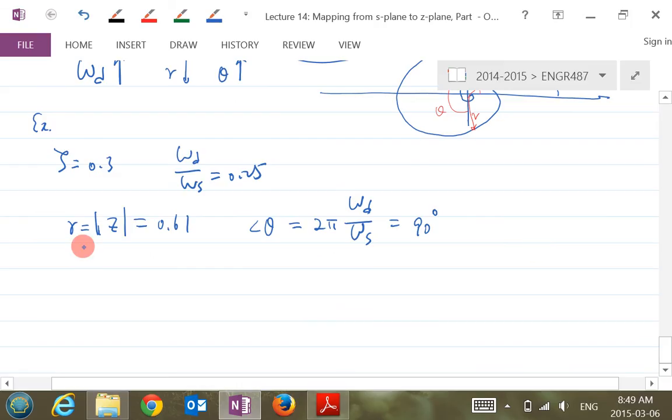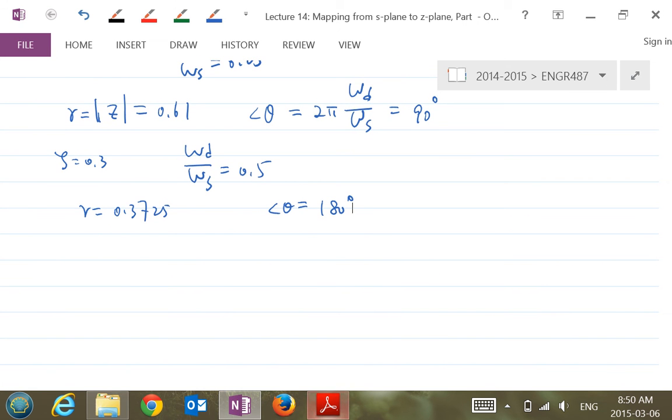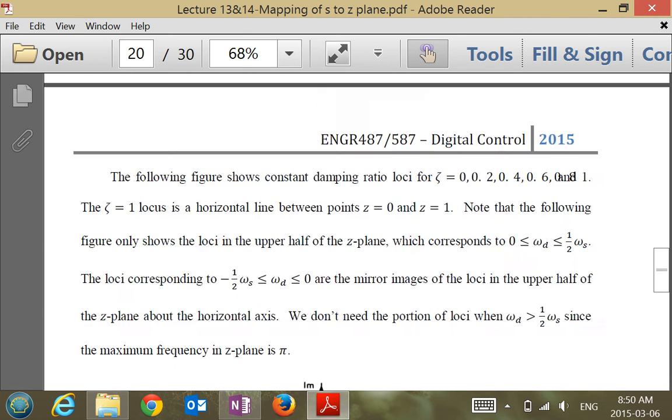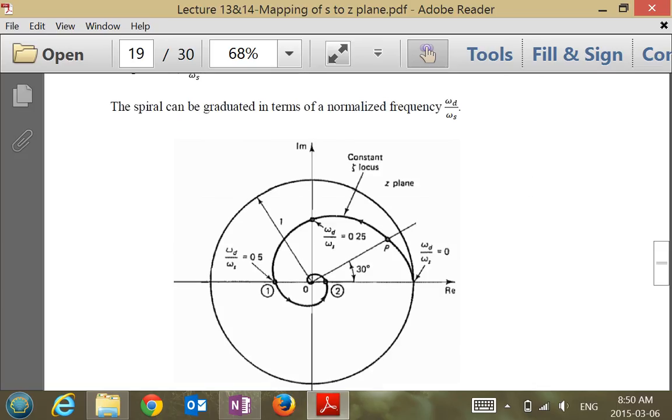If I take another one, for the same damping ratio, if the ratio becomes 0.5, then similarly your r will be 0.3725, and your theta would be 180 degrees now. So this is basically what you're going to see now in terms of the mapping. Okay, there we go.